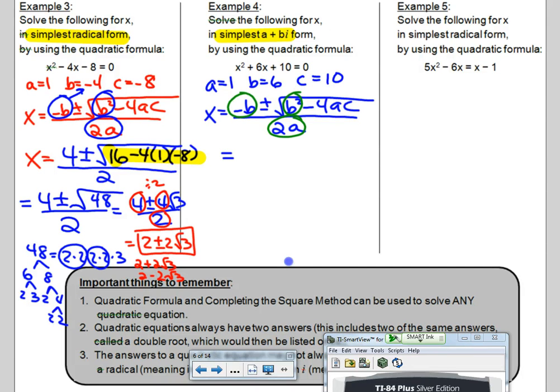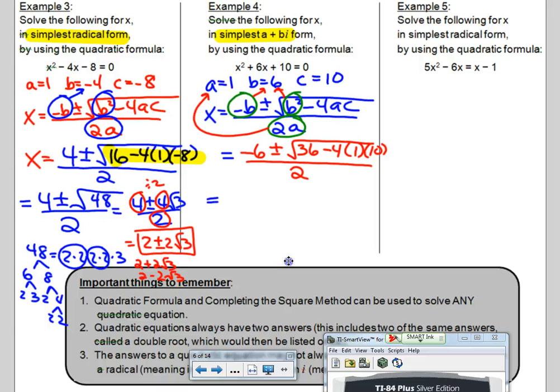And if you don't like this way, you don't have to do it this way. The opposite of B is negative 6. The B number squared is 36. I'm not touching this part. And then doubling the A number would be 2.